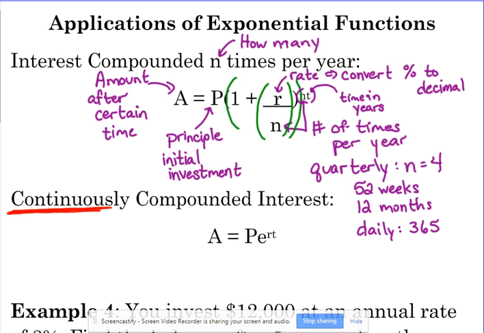So A, P, they're all the same. e is the number from the calculator or the button on the calculator, however you want to look at it. r and t are the same. You still have to convert the rate to a decimal, and t is the number of years. And the good thing about the e is it starts a set of parentheses.